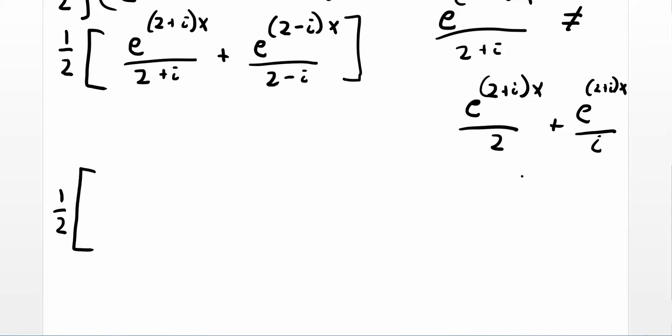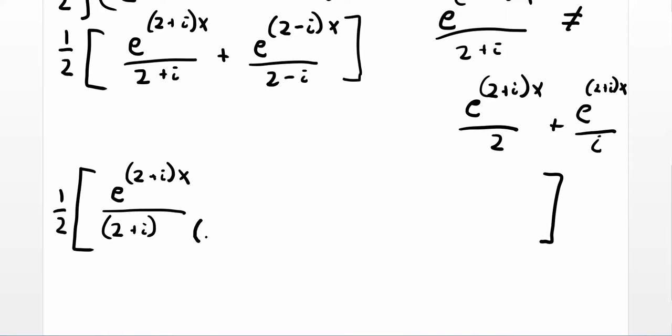Let me write this out because we're going to need some room here. Okay, so remember how we divide complex numbers from the supplement? You divide by a complex number, you just multiply by the conjugate of the bottom. So the conjugate on the bottom here is 2 minus i.